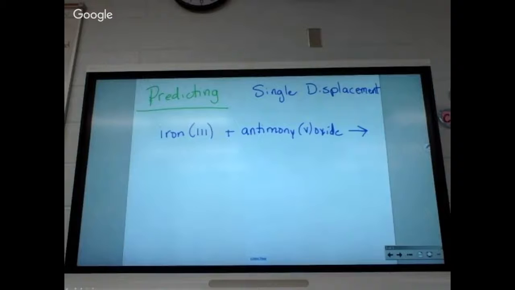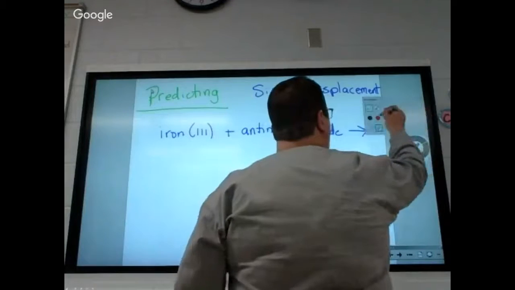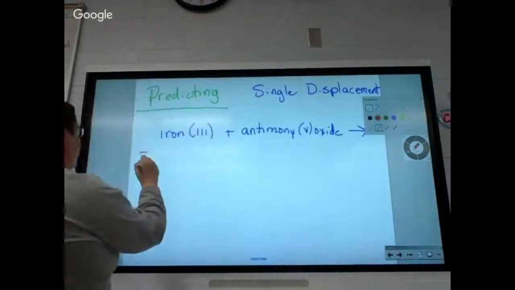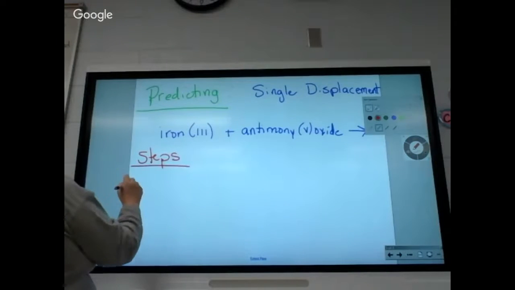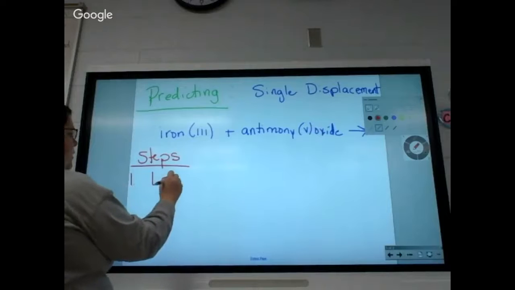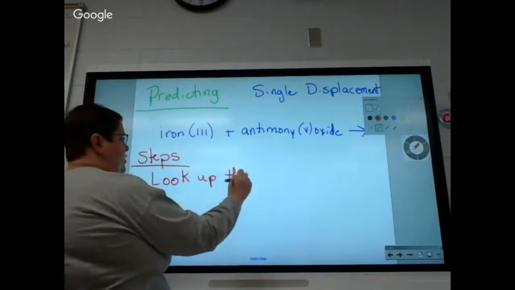So, what are we going to need to do this? Okay. Number one, you have to look up the oxidation numbers.